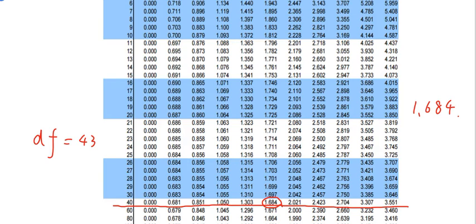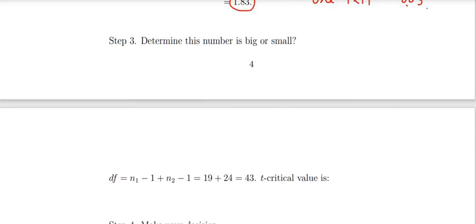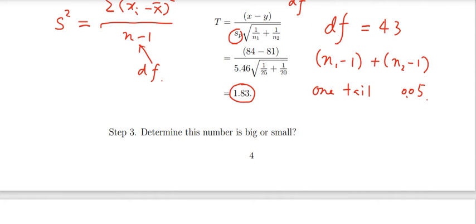We use this number to judge whether the test statistic is big or small. 1.684, we use this as the standard.